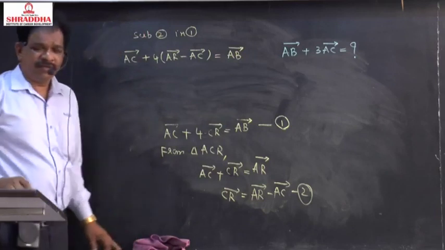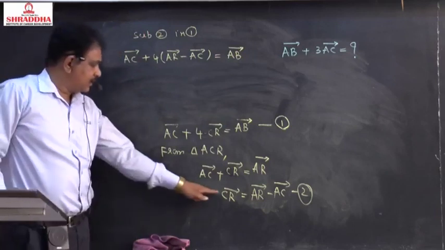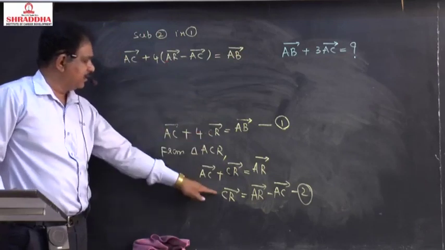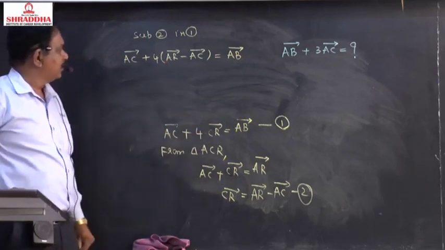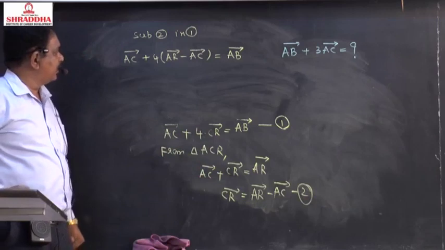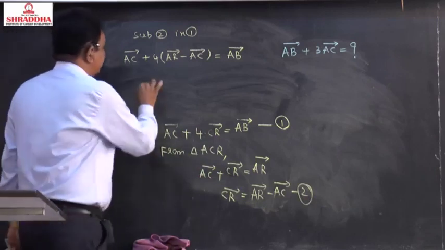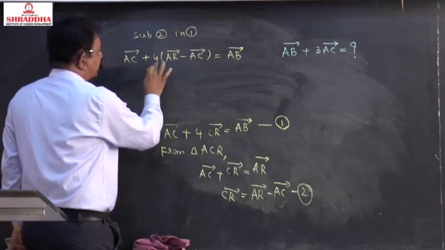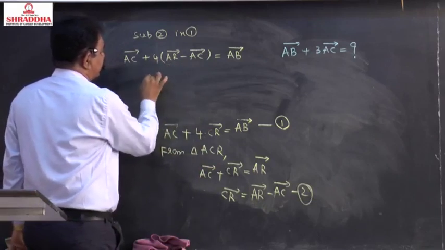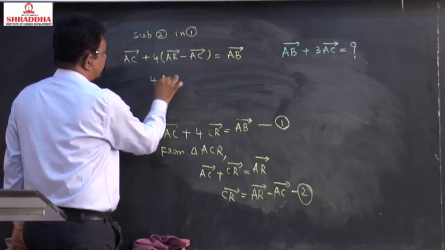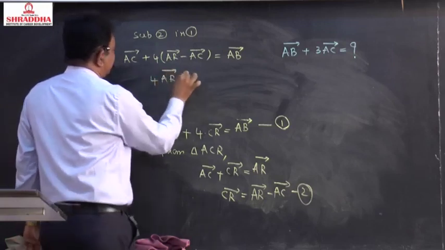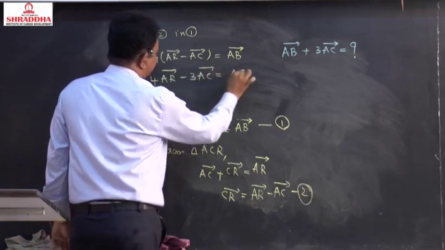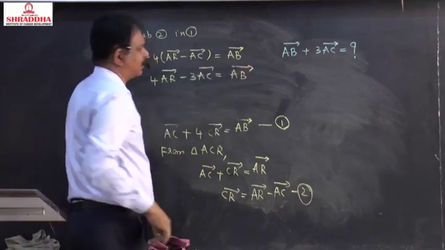Any doubt in this? This CR value I substituted here. Then how much will we get? AC bar minus 4 AC bar, and this is 4 AR bar minus 3 AC bar is equal to AB bar.